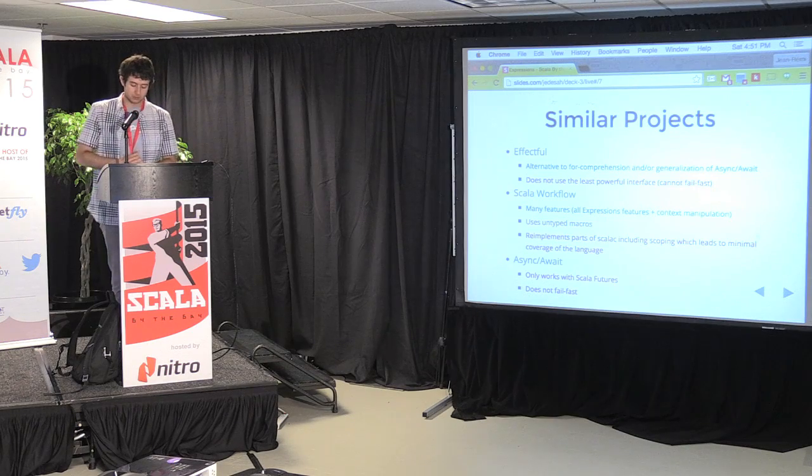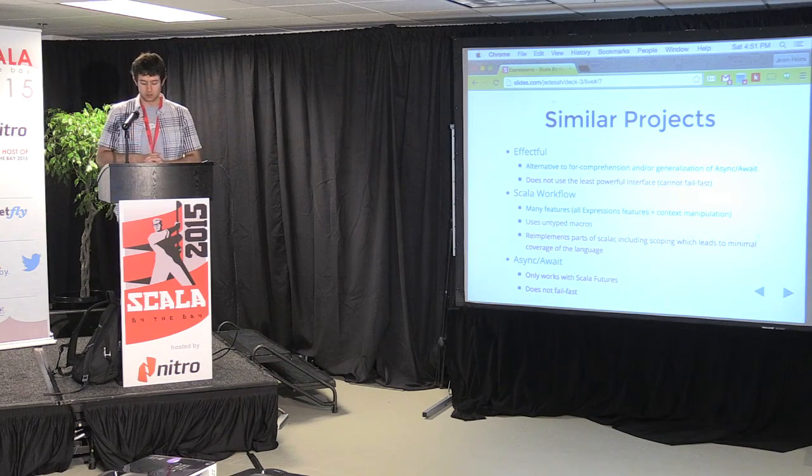Then there's another really interesting project called Scala Workflow, which is extremely featureful. It supports nested abstractions. It supports the use of the weakest abstraction. But unfortunately, it uses untyped macros, which have been abandoned in Scala 2.11. And so the project is just being left there right now.